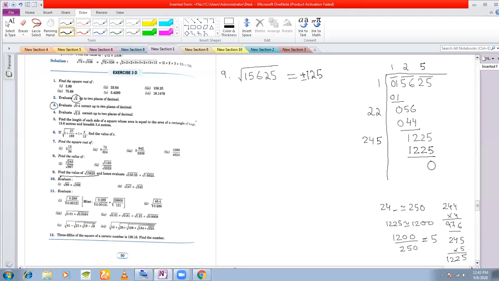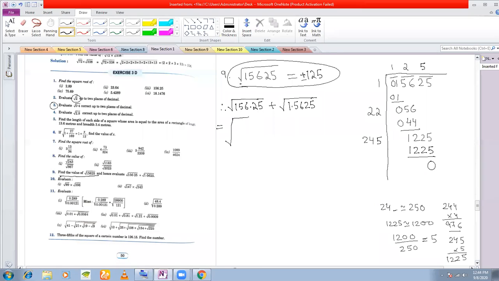Next question is evaluate: the square root of 156.25 plus the square root of 1.5625. Now we are going to evaluate the value of this from this only. How?